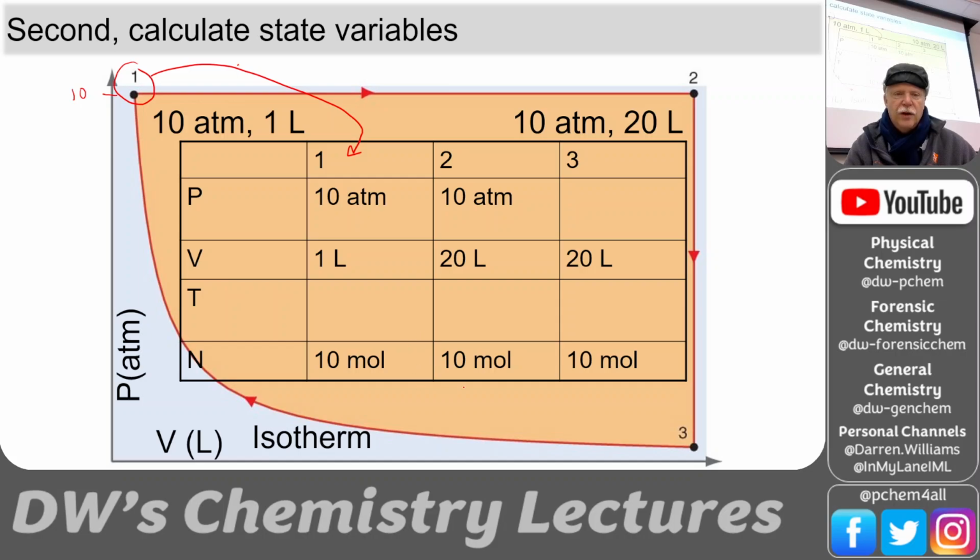With that, we could figure out with the ideal gas law what the temperature is. And then over here at 2, even though temperature is not in this whole diagram, temperature is really important. So we'll have to figure out, using the ideal gas law, what these various temperatures are. And then state 2, because it has the same pressure, is also 10 atmospheres.